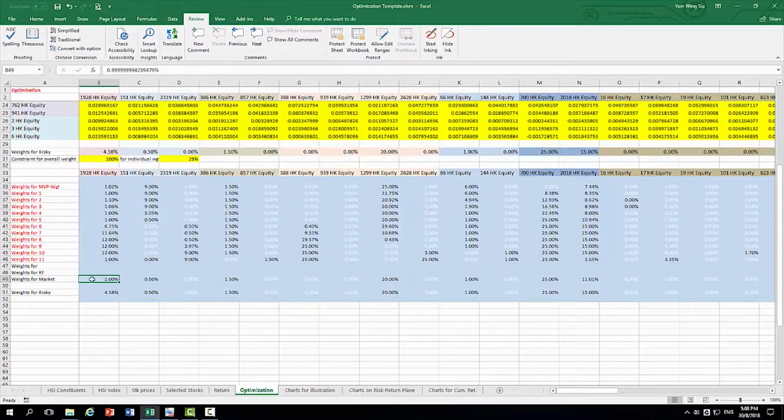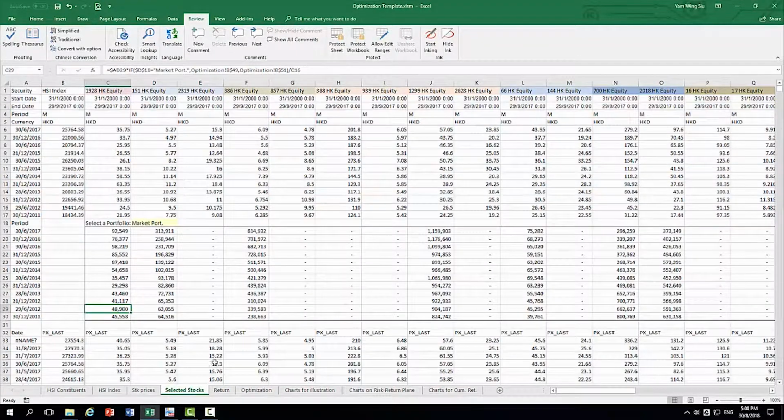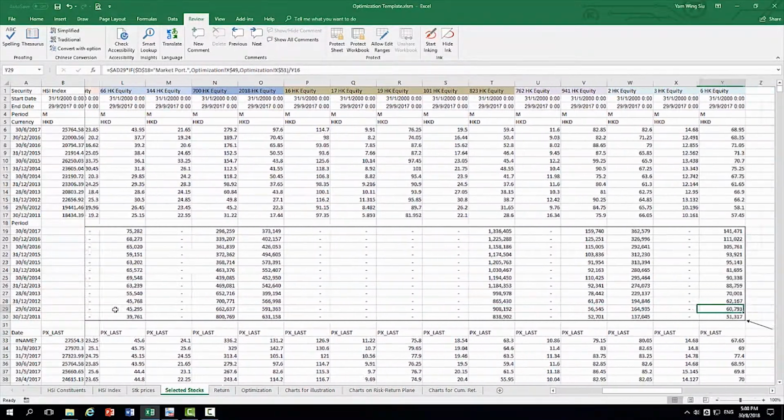To maintain 1% of 1928 in your market portfolio, it means you have to increase the number of shares for 1928 to 48,900, and you need to readjust your portfolio like so.